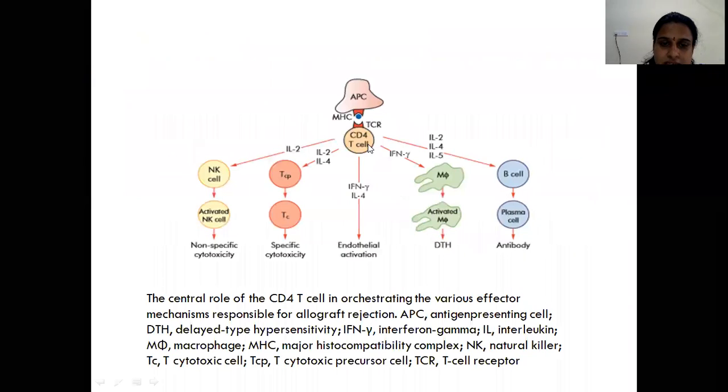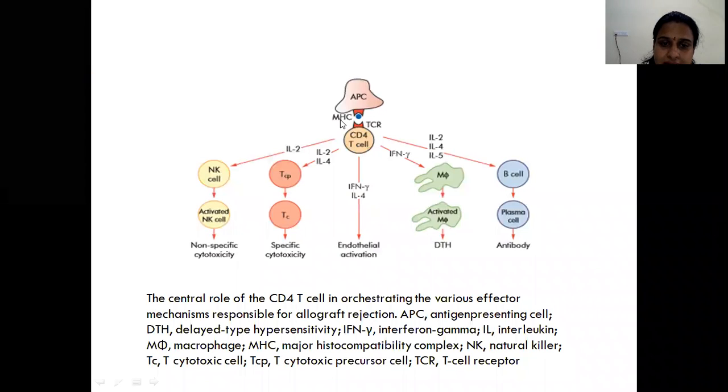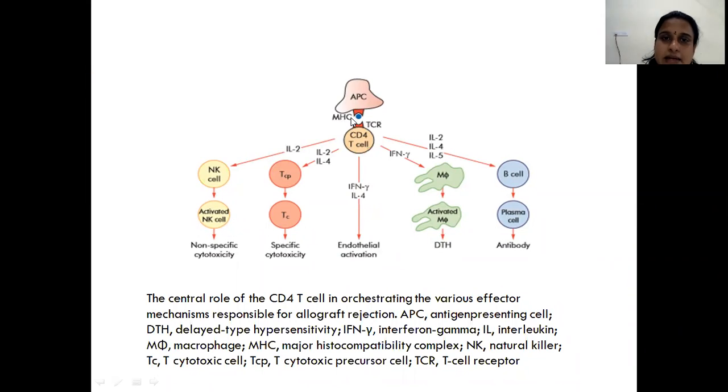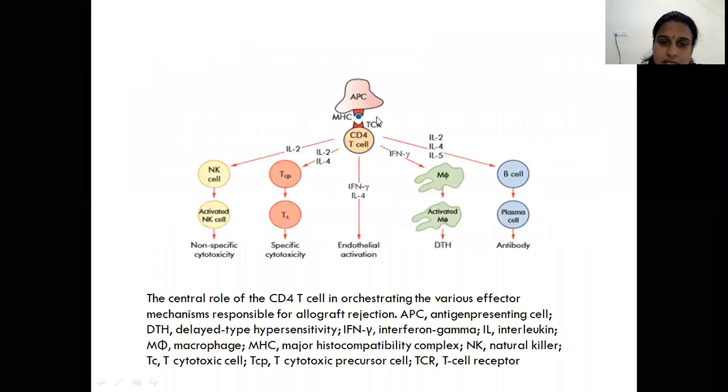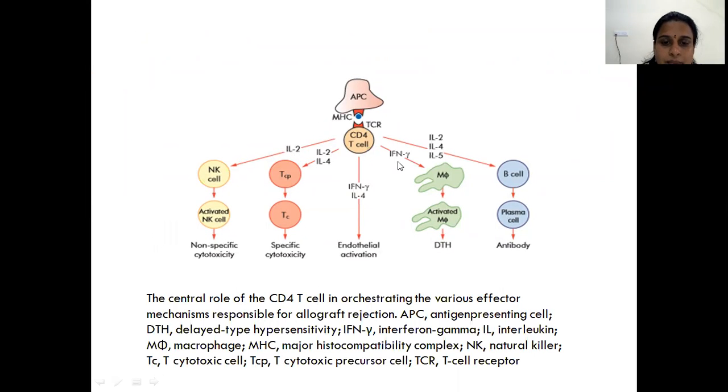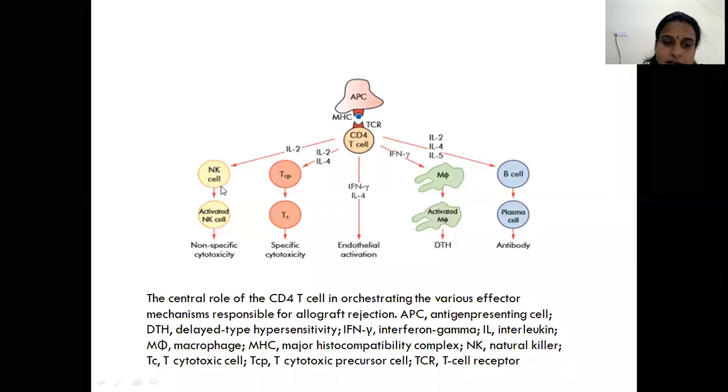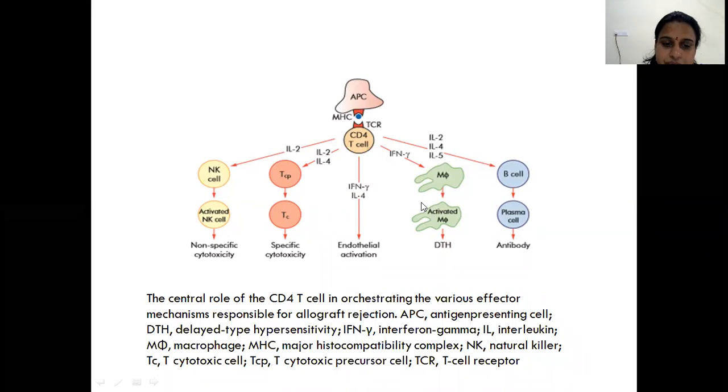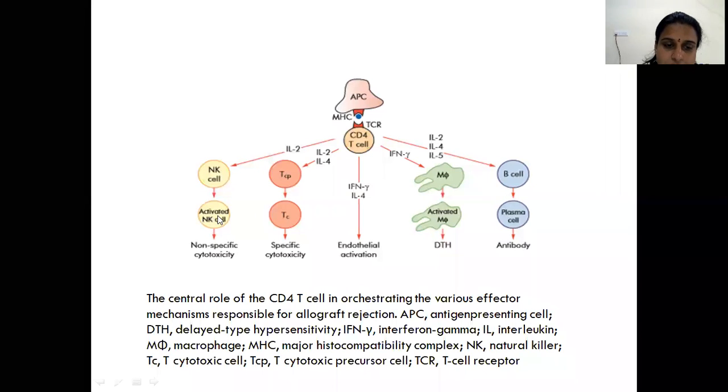So this is how the CD4 T cells are functional. The antigen presenting cells have the major histocompatibility complex, that is, the HLA class 1 and class 2. In organ transplantation, HLA A, B, and D are the classes. They activate the T lymphocytes, and through the release of interleukin 2, interleukin 4, interferon gamma, and interleukin 5 also, they ultimately activate the natural killer cells, the cytotoxic precursor cells, and the B cells, and the T cell receptors.